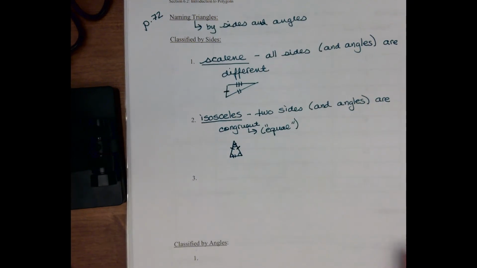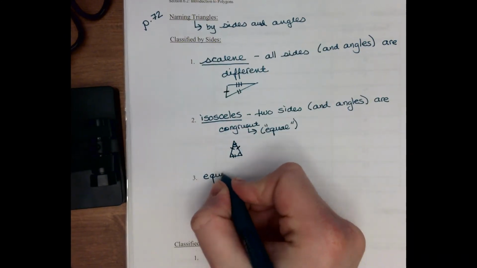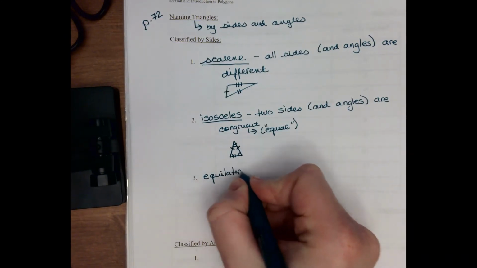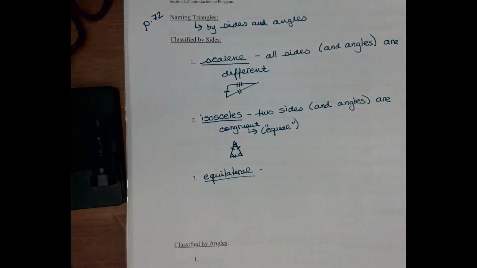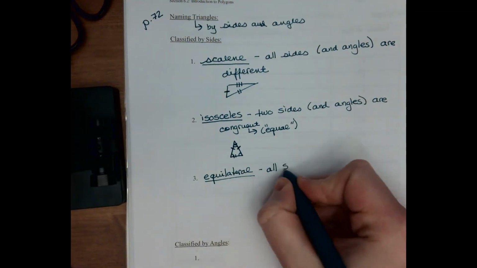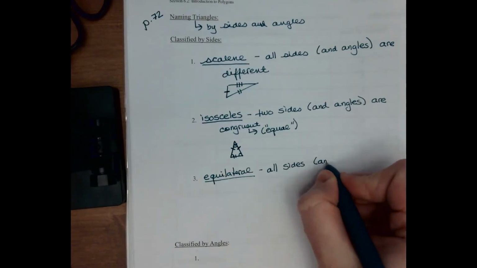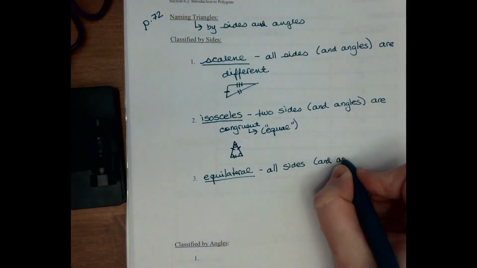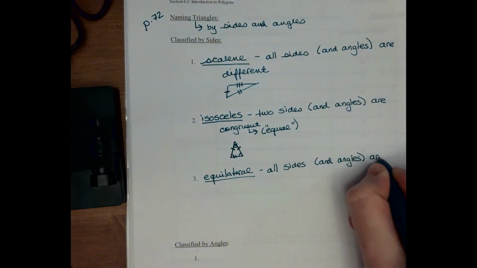One more name to name triangles by their sides, equilateral. In an equilateral triangle, all sides and angles are congruent. All sides, and for that matter angles, are congruent.